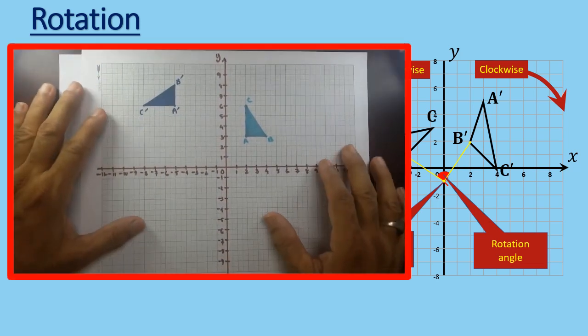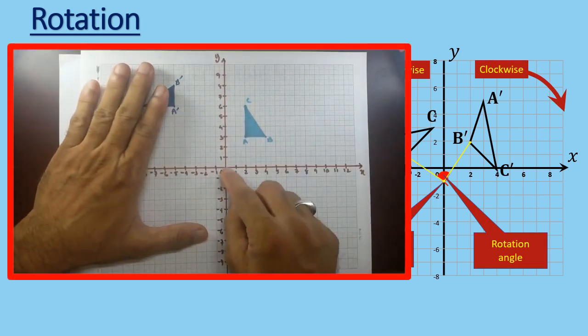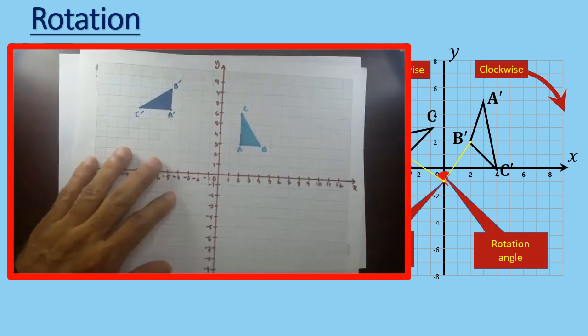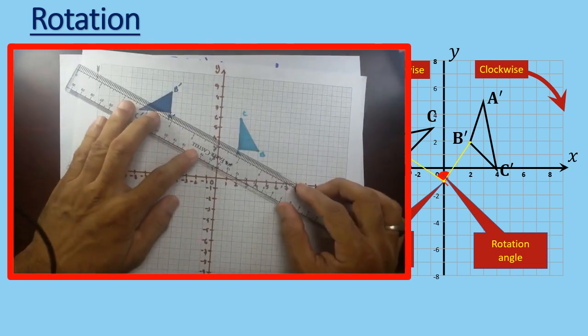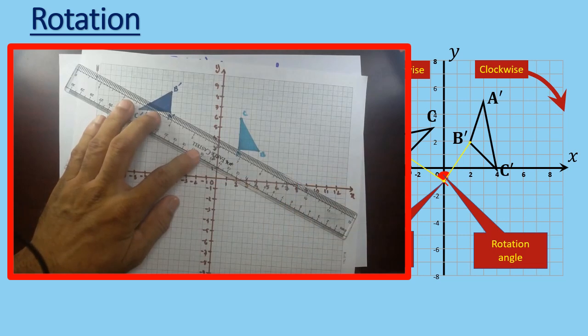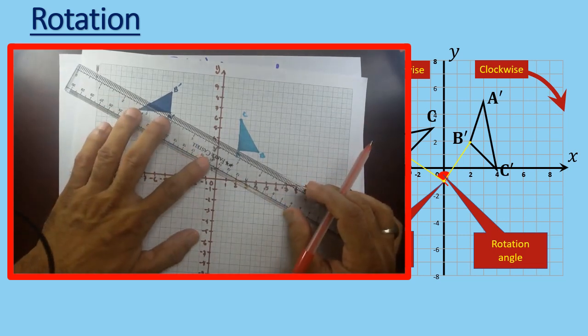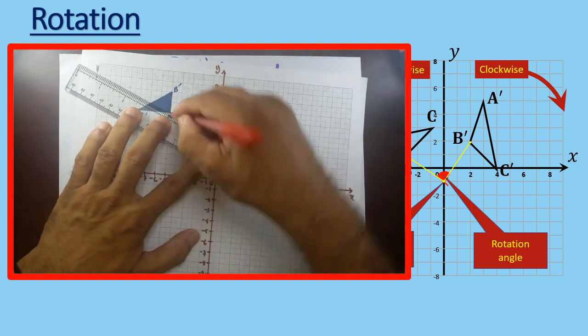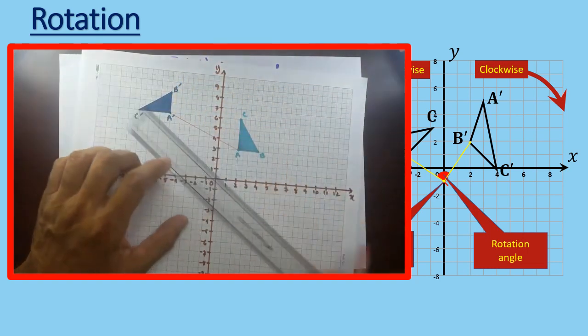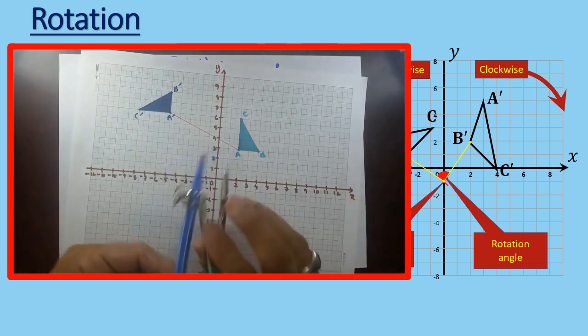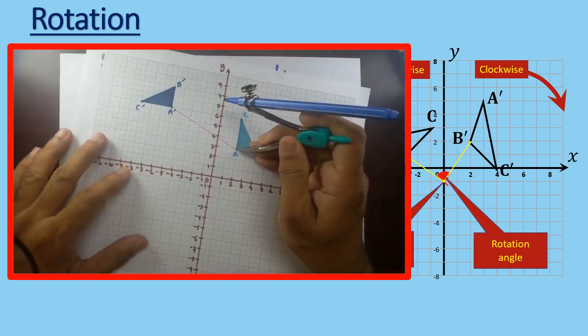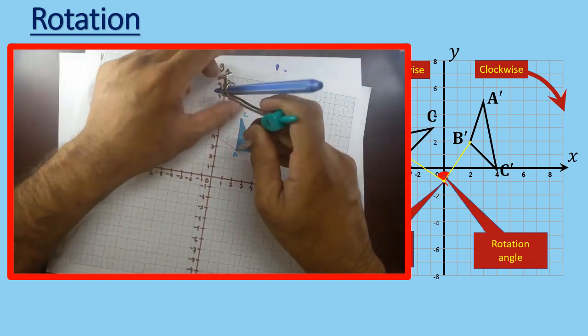So, to recap, to find the center of rotation of a 2D shape on a grid, we select any two corresponding vertices on the shape and its image. Draw a line segment connecting these two vertices. Construct the perpendicular bisector of this line segment.